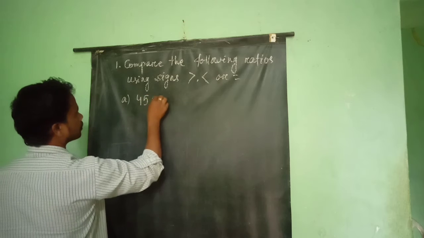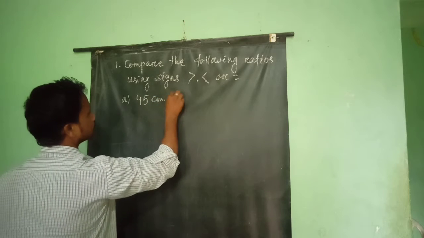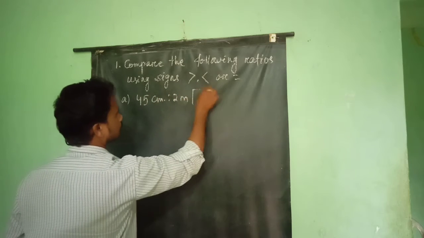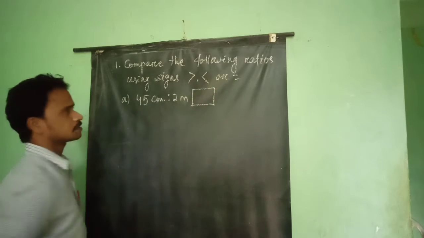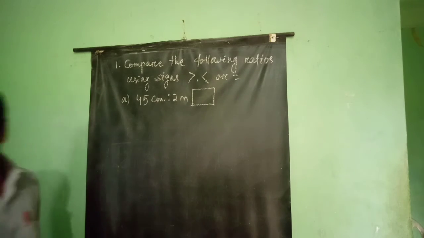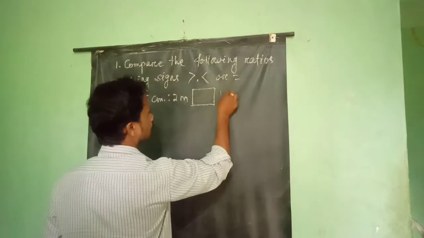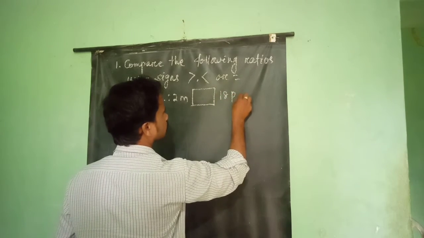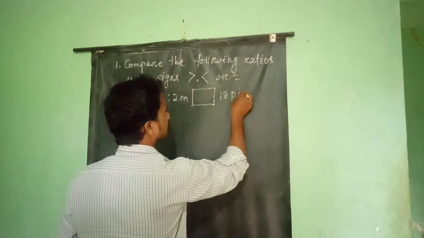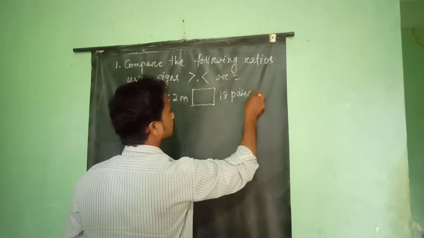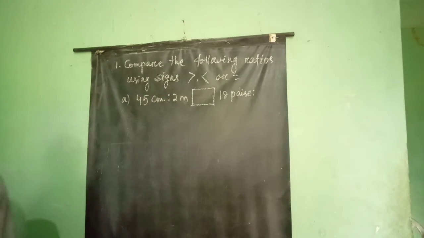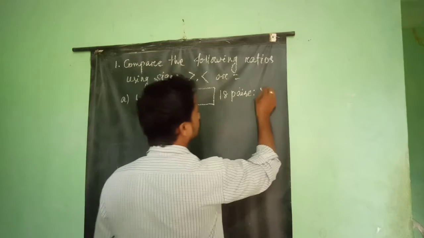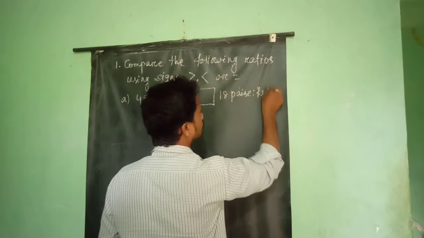A: 45 centimeter is to 2 मीटर. यहाँ पर अपना साइन देना. 18 पैसे is to 4 rupees.